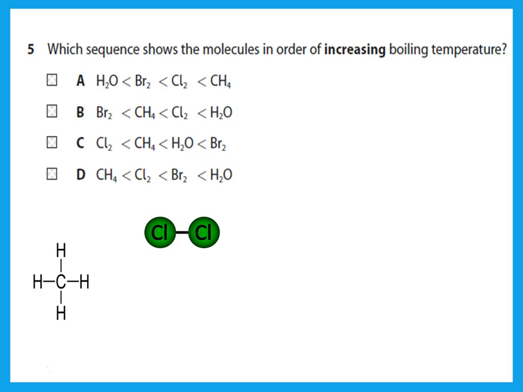Chlorine will also have weak van der Waals forces, but compared to bromine, chlorine must be less because bromine is a bigger molecule with more electrons, so stronger van der Waals forces. So if we're comparing chlorine to bromine, bromine would have higher boiling temperature.